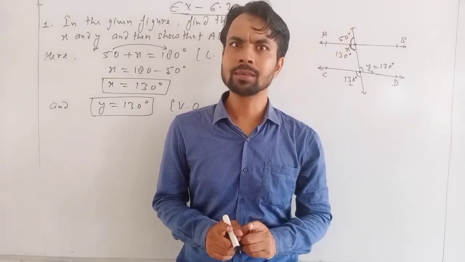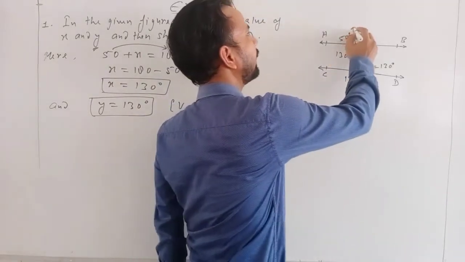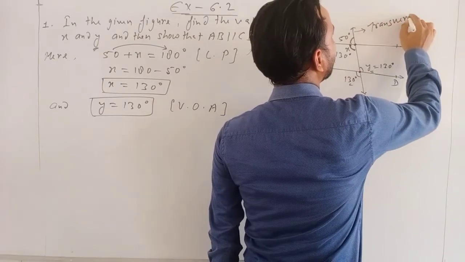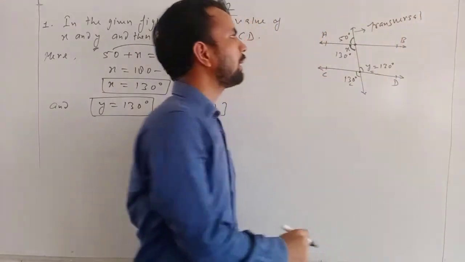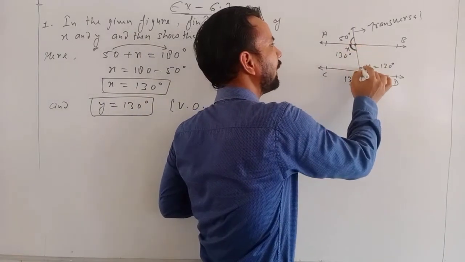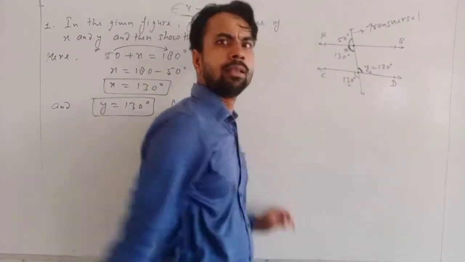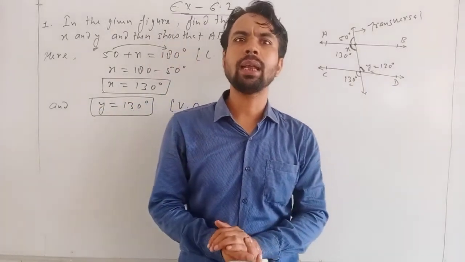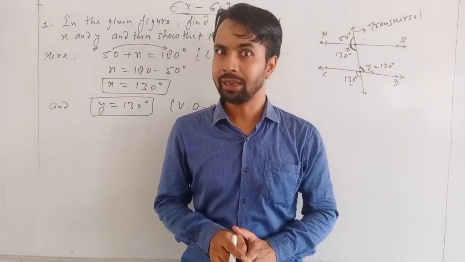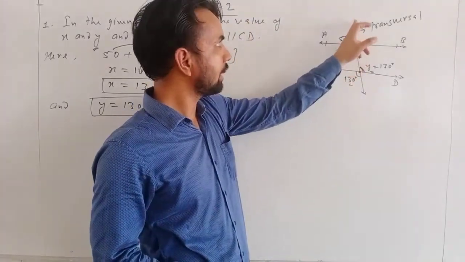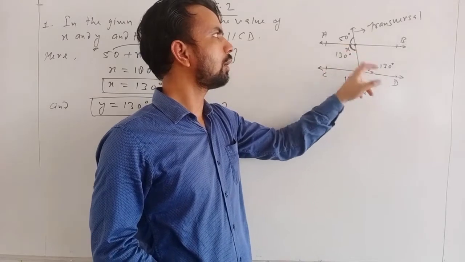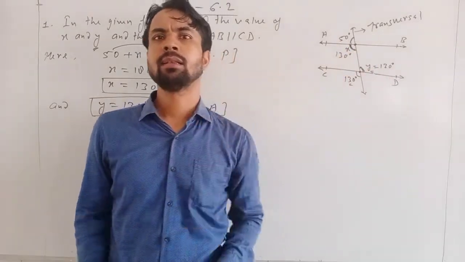Have you remembered this? Yes. So this line is known as transversal. Beta, if it is a transversal, then angle x and angle y both are known as alternate interior angles. Am I right? See, this is a transversal, and x and y both are alternate interior angles.